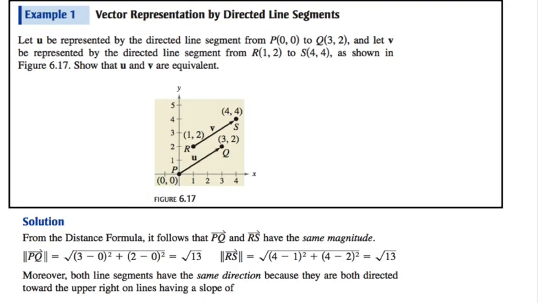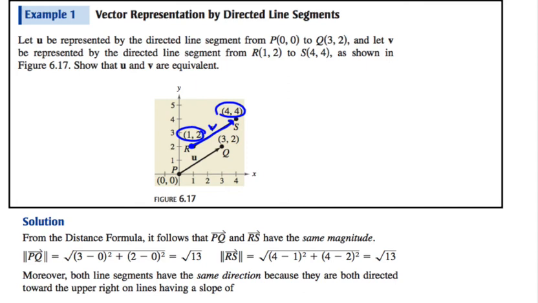All right, so here's an example. I would recommend that you write this example down. You'll have some like these in your homework. So what we have is an xy plane with 2 vectors. I'm going to color code this first vector. This first vector goes from R to S, and the vector is v. It has the ordered pairs (1, 2) and (4, 4).